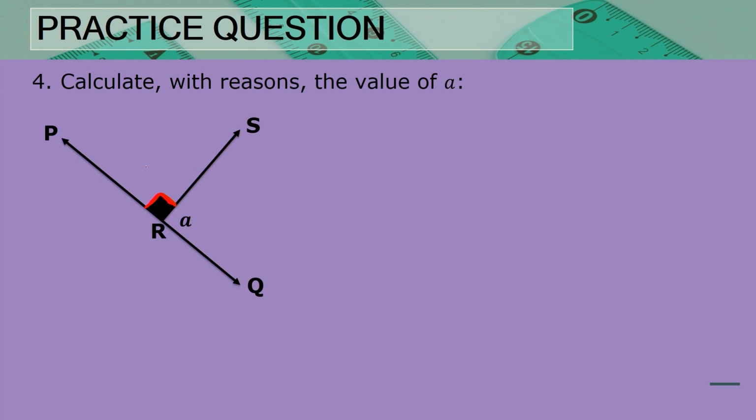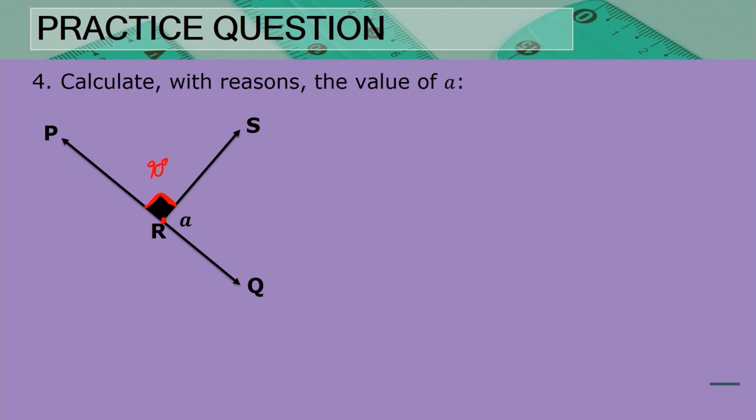So we know that this angle here is 90 degrees. Now that we have that 90 degrees, we can easily calculate the missing value of a. Now we look at the 90 degrees with our angle A. They do share a common vertex there at R, and they are on a straight line.